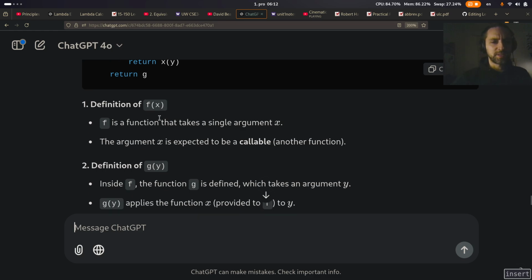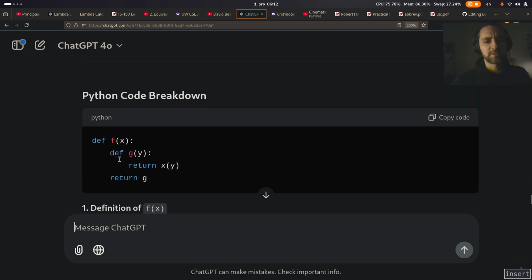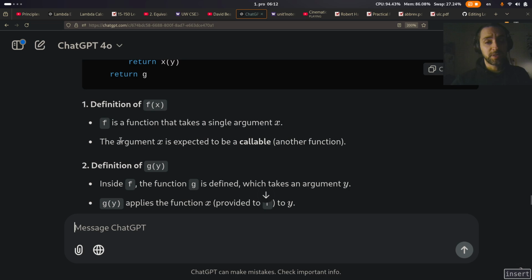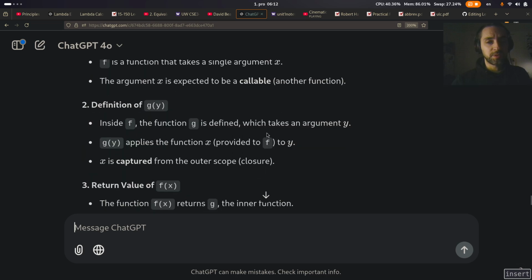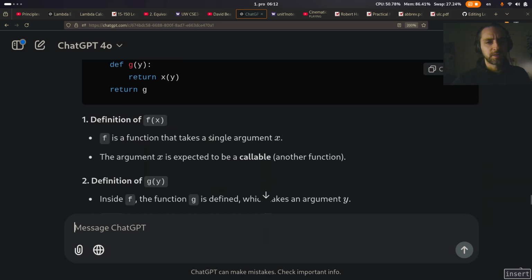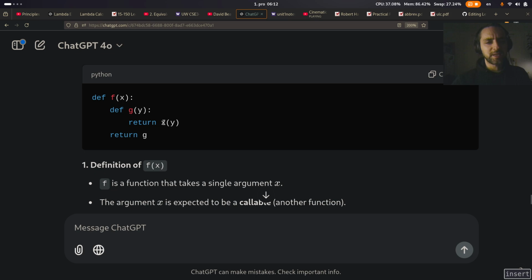F is a function that takes a single argument x. The argument x is expected to be a callable, another function. Inside f, the function g is defined, which takes an argument y. G of y applies the function x provided to f to y. Oh, it just provides it. Yeah, I was confused by this.